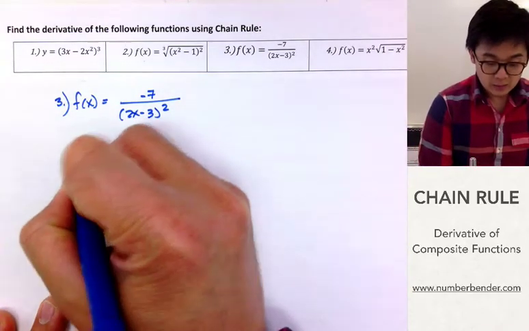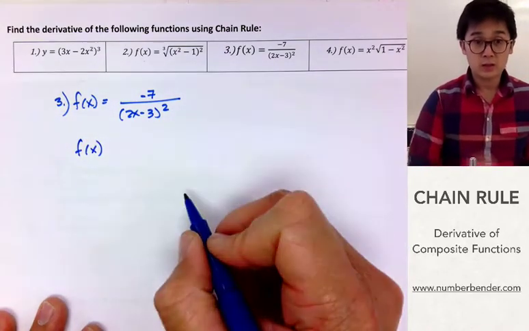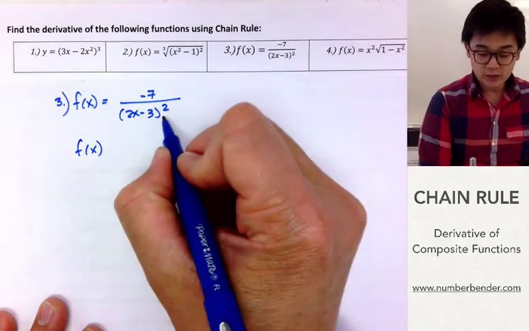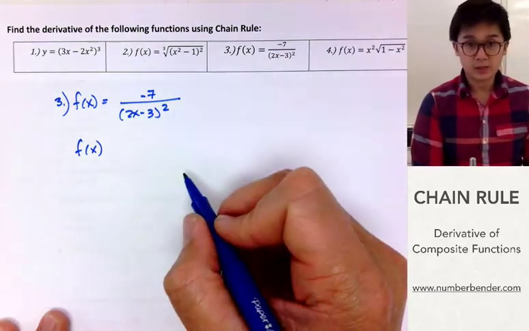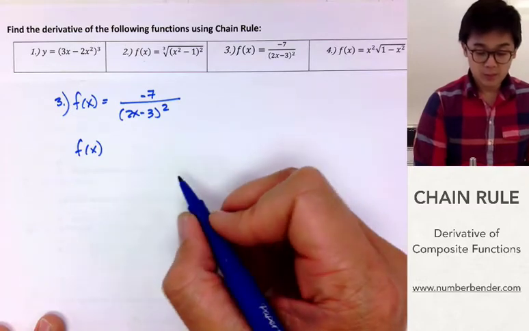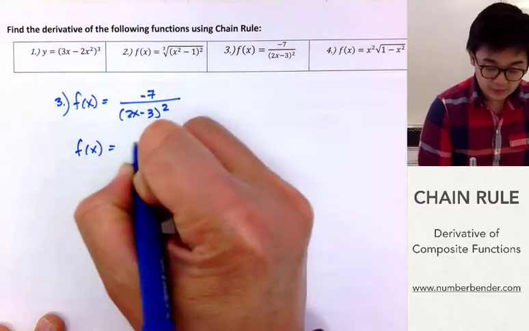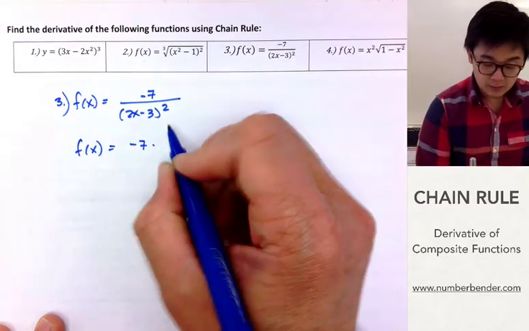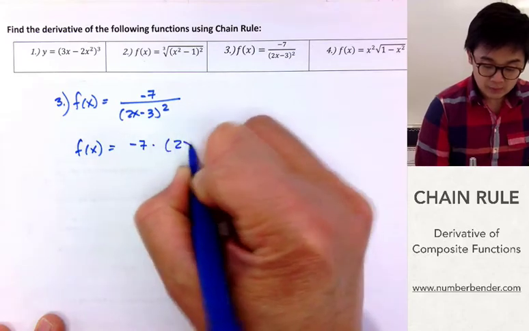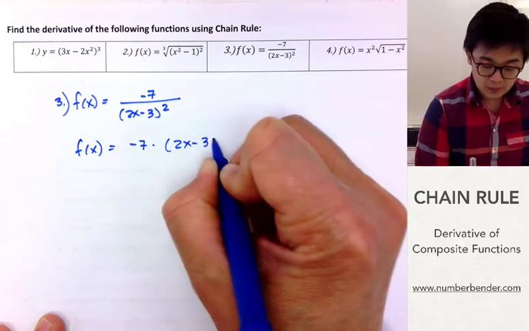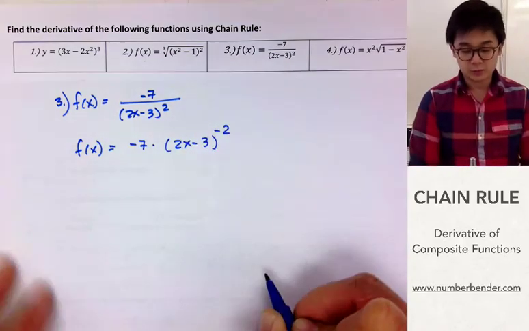So I'll go ahead and modify this function by changing the denominator into a negative exponent, so I can just use the power rule. So f of x is negative 7 multiplied by 2x minus 3 raised to negative 2.